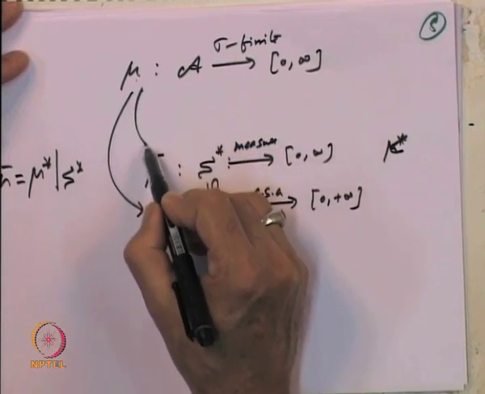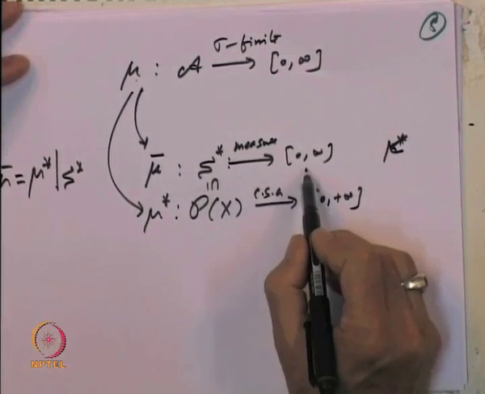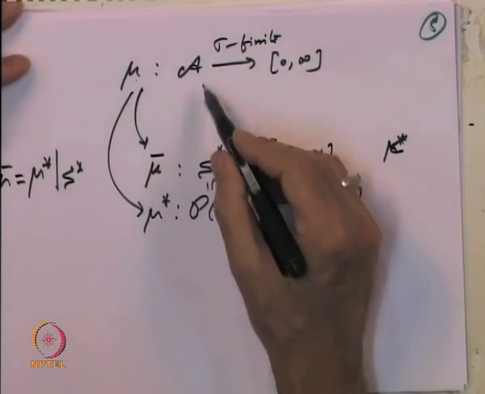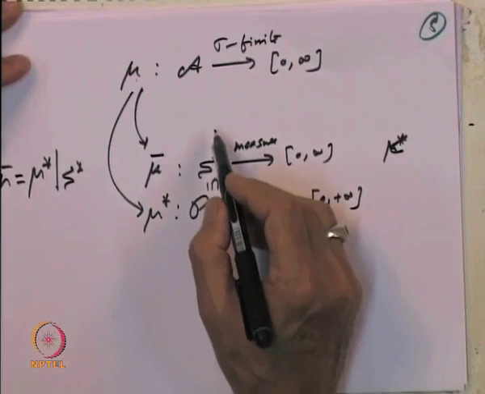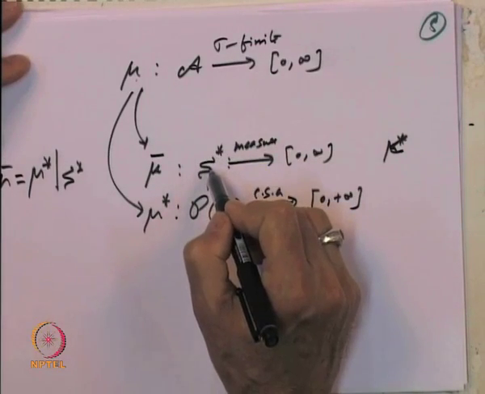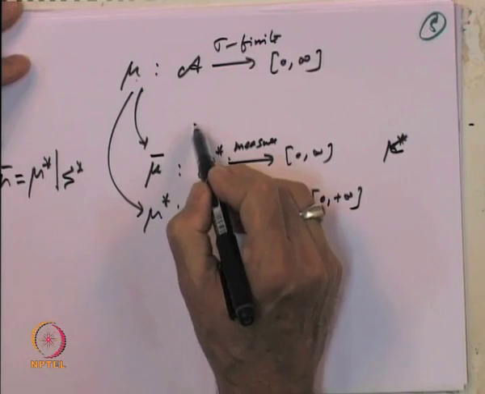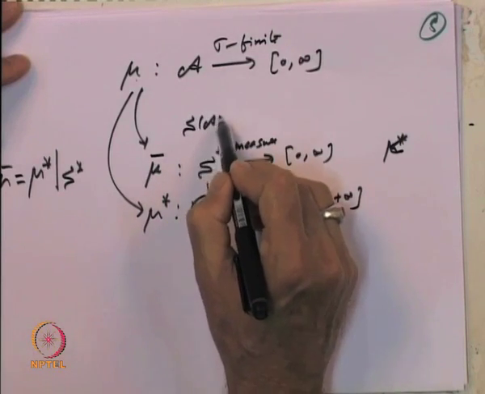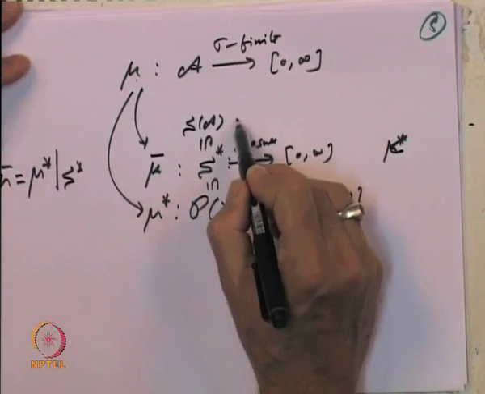So, from mu we come to mu bar, an extension of mu from the algebra to S star, and note all sets in A are measurable. So, the sigma algebra is also inside here.